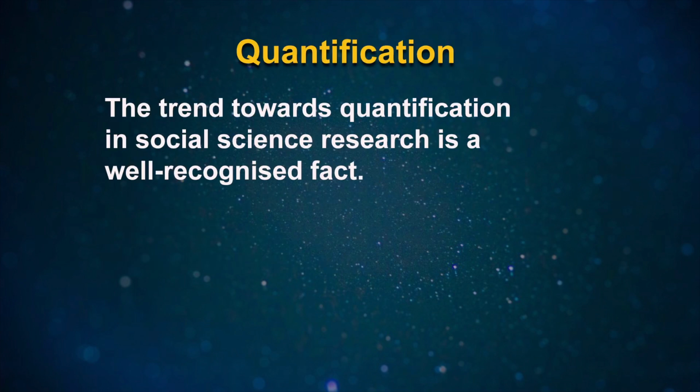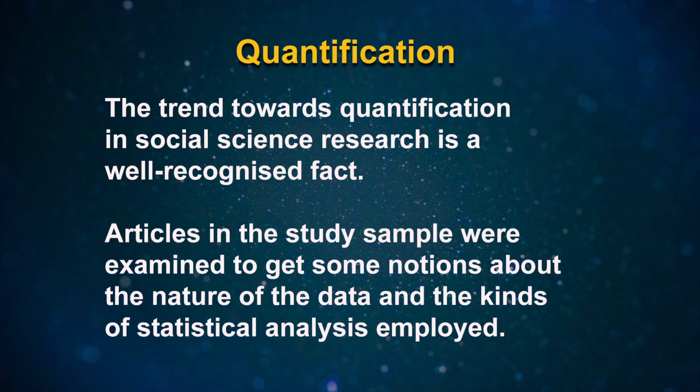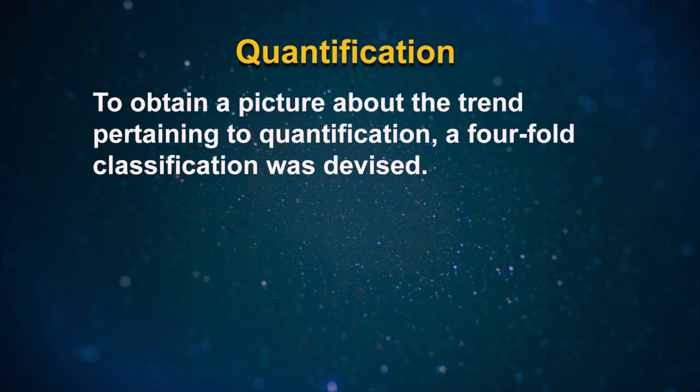Quantification. The trend towards quantification in social science research is a well recognized fact. Articles in the study sample were examined to get some notions about the nature of the data and the kinds of statistical analysis employed. To obtain a picture about the trend pertaining to quantification, a four-fold classification was devised.